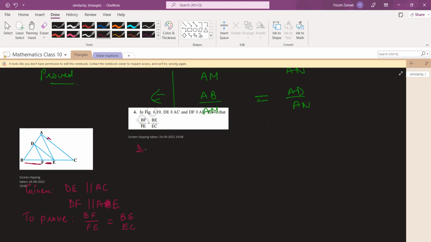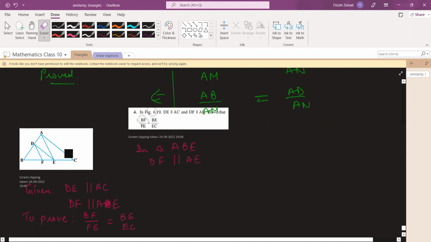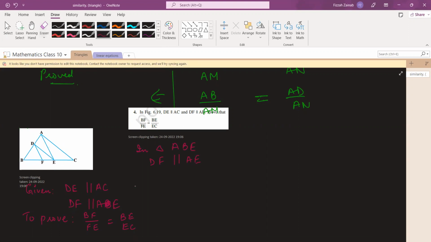So if I take triangle ABE, now which line is parallel? So I have DF parallel to AE, right? So what does it mean? So from BPT, what can I say? So therefore, this side upon this side.